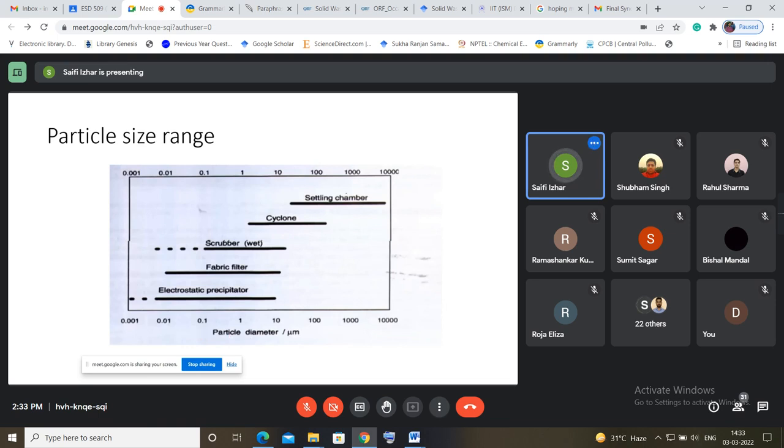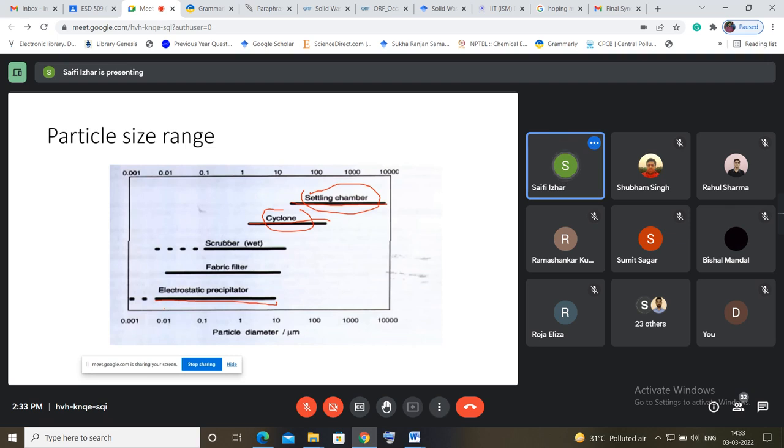The settling chamber that we discussed ranges from 10 micrometer onwards to 10,000 micrometer onwards. So this is basically for coarser, bigger particles, while the size separator ranges from 1 to 100 micrometer. And the highest efficiency, this electrostatic precipitator can remove particles from 0.01 till 10 micrometer.